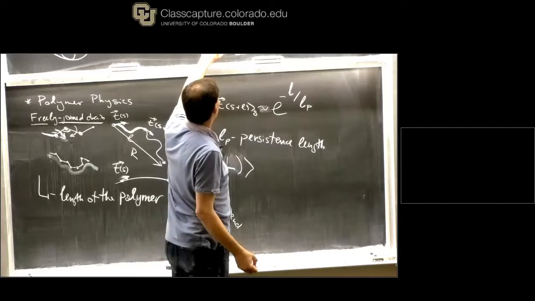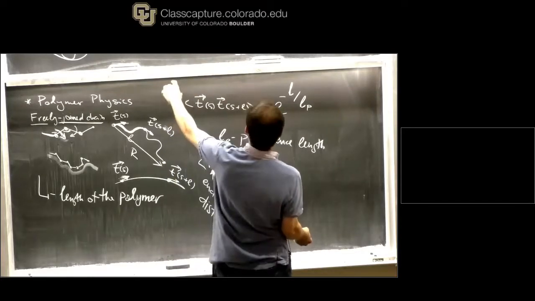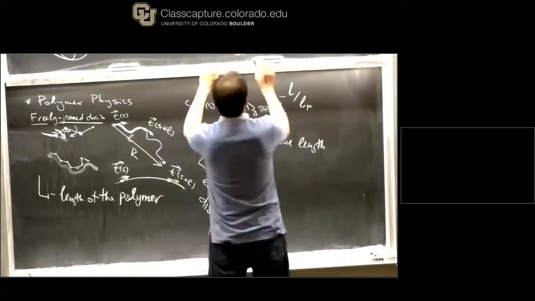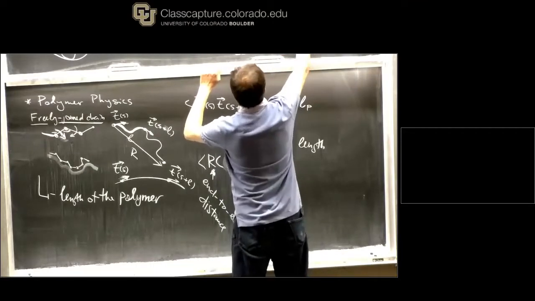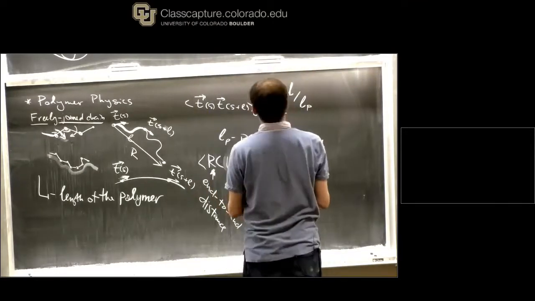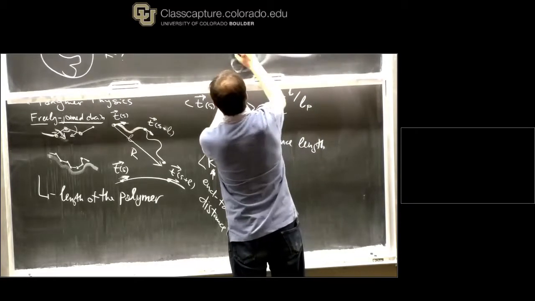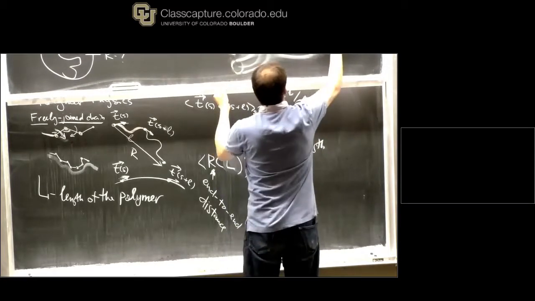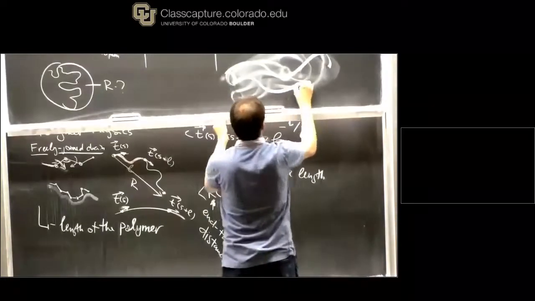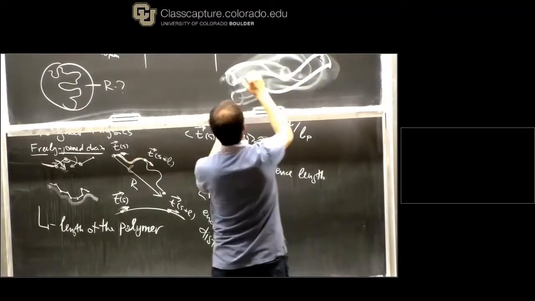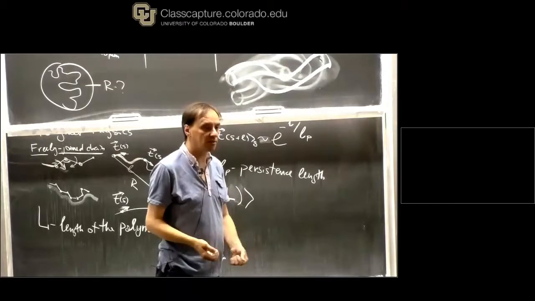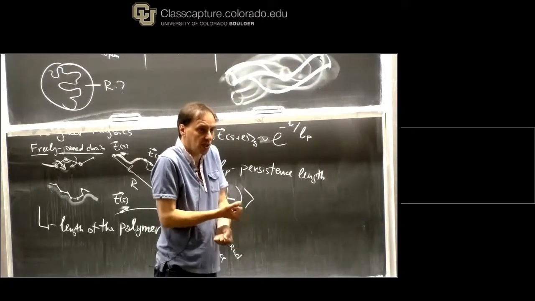It's a tube of some shape, and it cannot cross itself, not only because of topological constraints, but because it excludes volume.